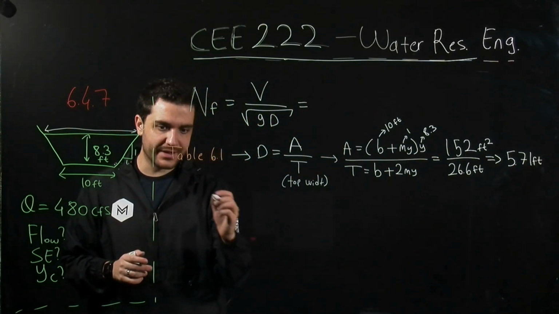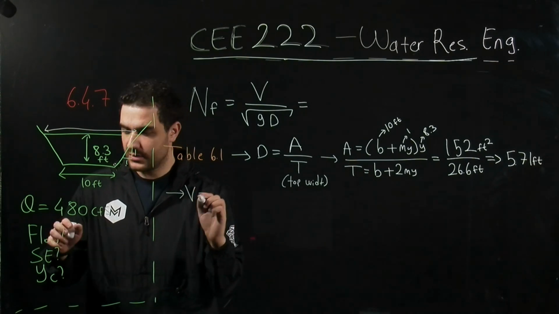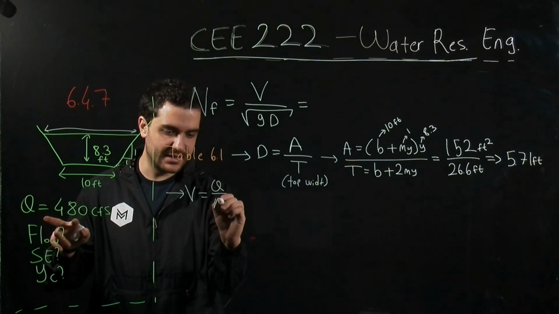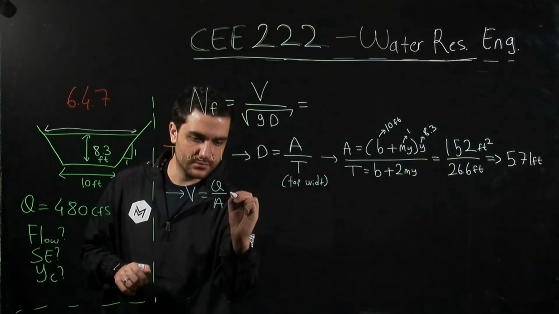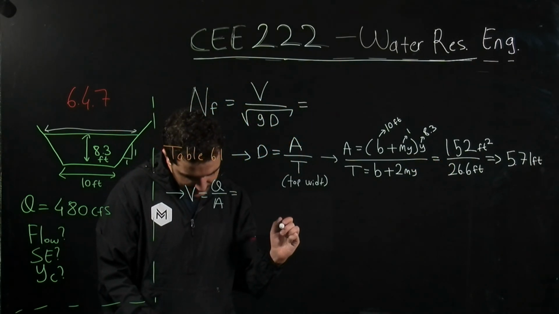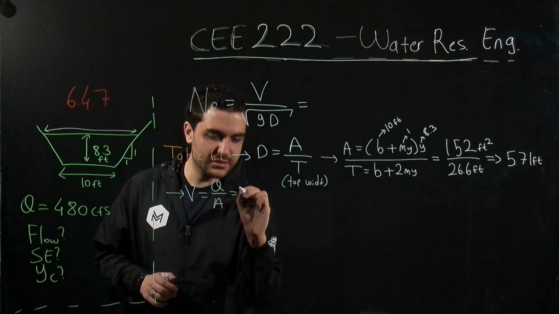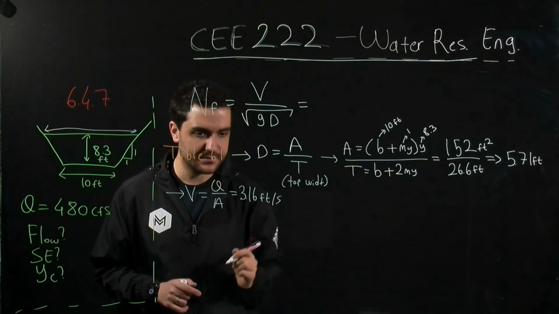And again, we can calculate the velocity. The flow rate is 480, and the area is 152. It is actually giving 3.16 feet per second.